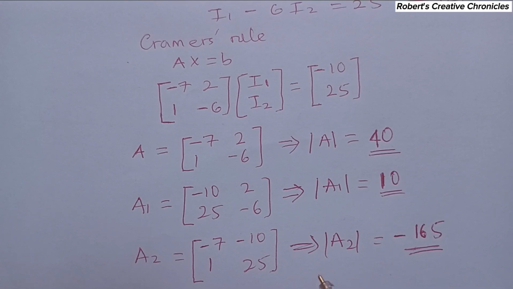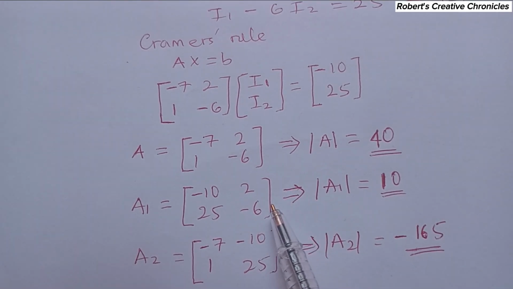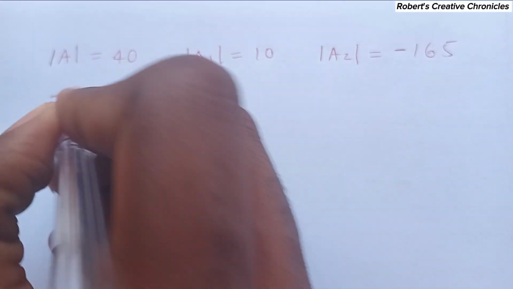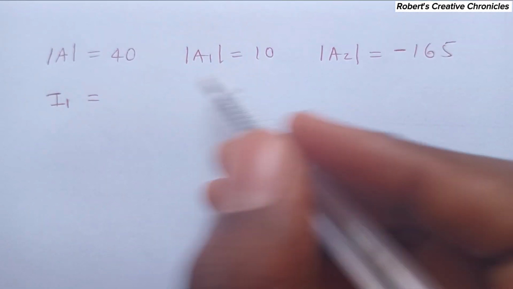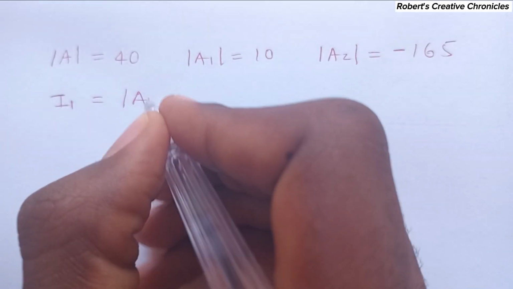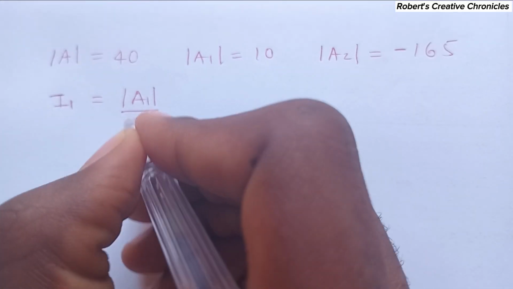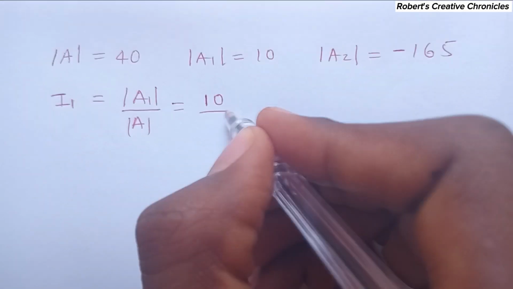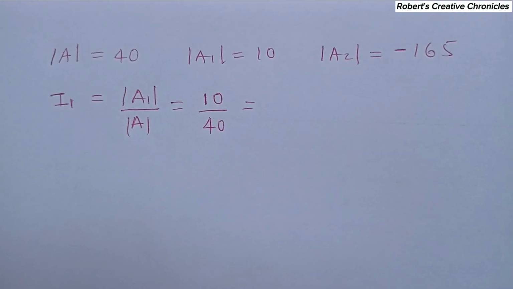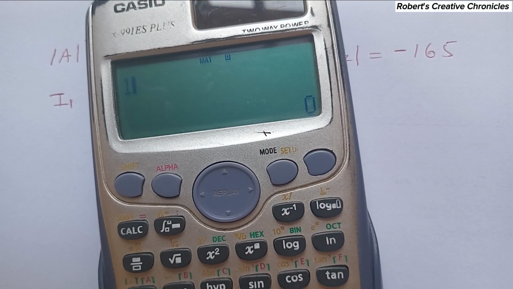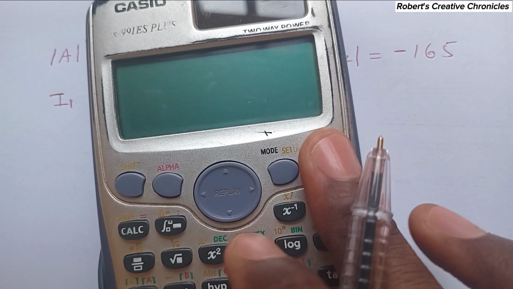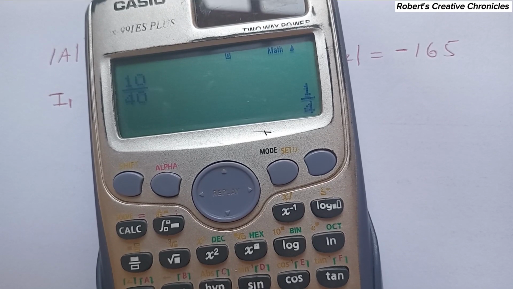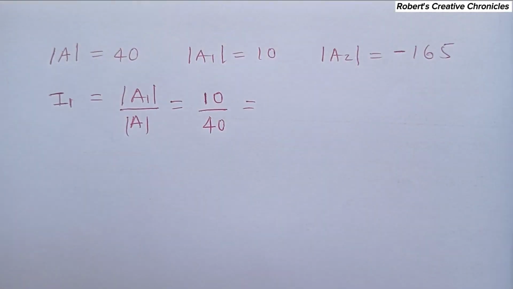Now let's move to the next step. Here are the various determinants. I1 will be this divided by this, which is equal to 10 divided by 40, which is 0.25 ampere.